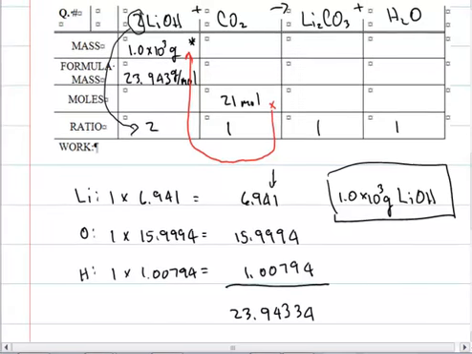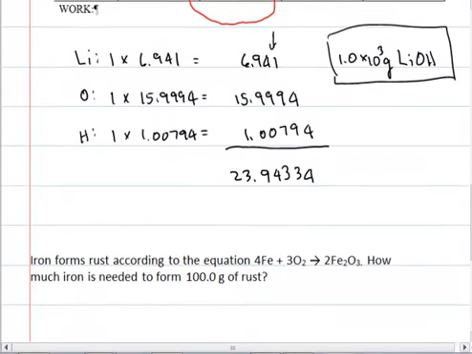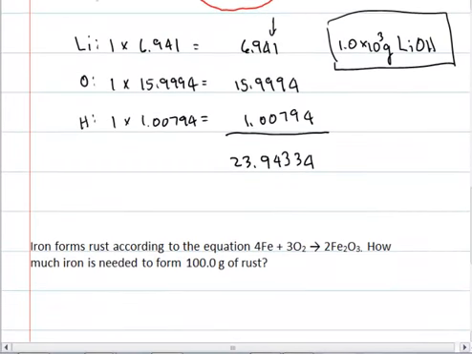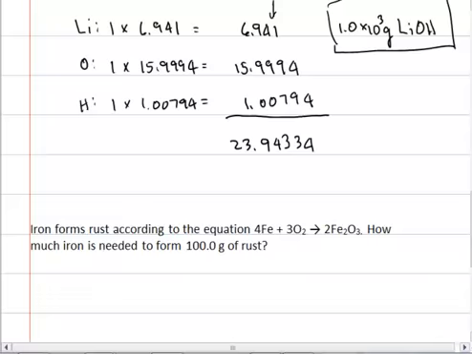Okay, let's take a look at a third problem. Iron forms rust according to the equation 4Fe plus 3O2 yields 2Fe2O3, and of course you know that is a composition reaction, or a synthesis reaction.